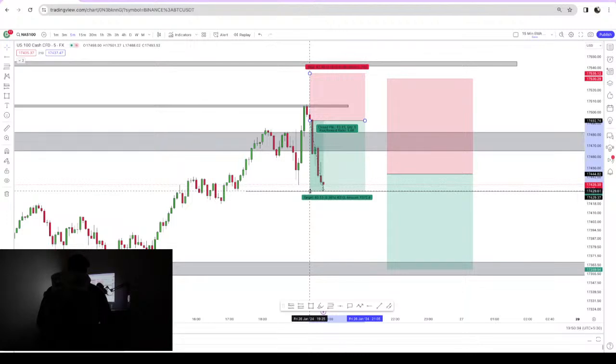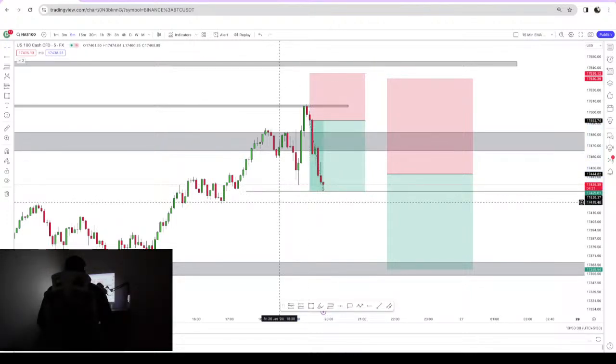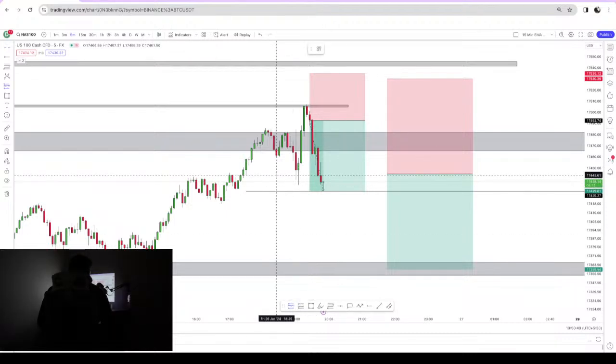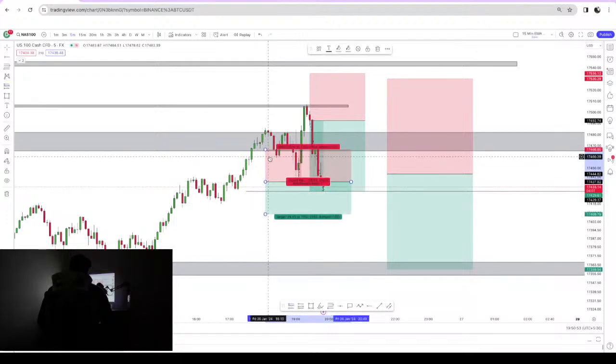That means on the technical aspect we have booked the profit, but in an attempt at pyramiding, things are a little bit different. So around here I have added more position.